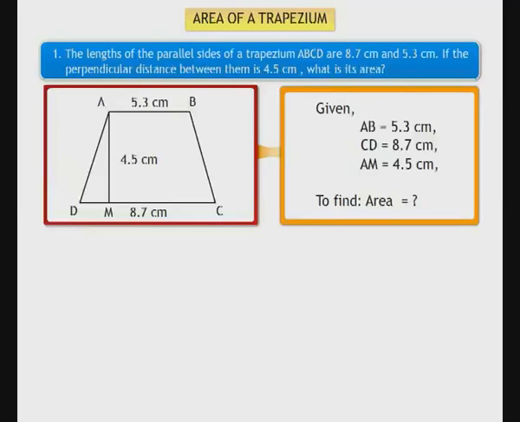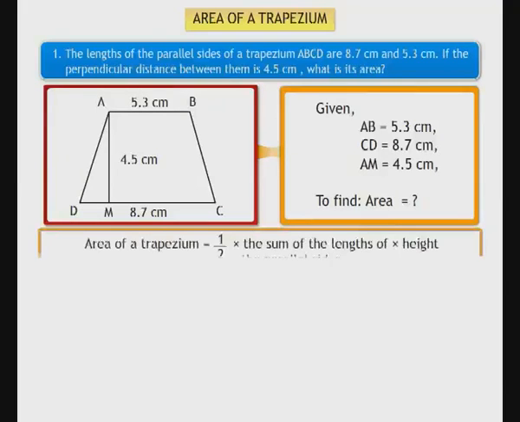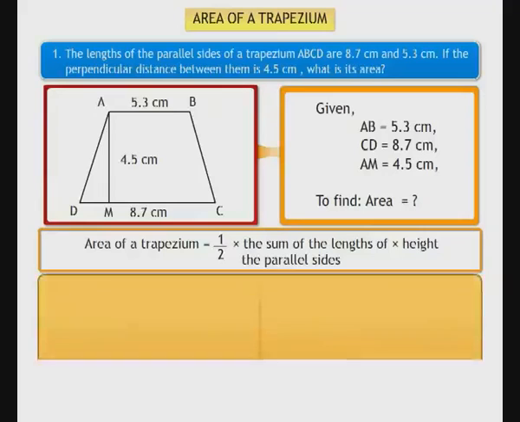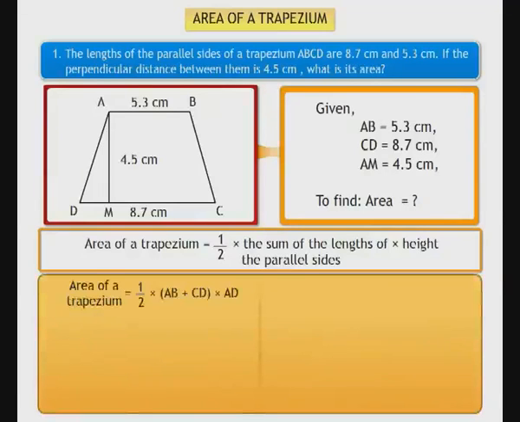Multiplying both sides by 2, we get 262.5 into 2 is equal to 1 upon 2 into the sum of the lengths of the parallel sides into 15 into 2. 2 from the numerator and denominator gets cancelled on the right hand side, and hence we are left with 525 is equal to the sum of the lengths of the parallel sides into 15.